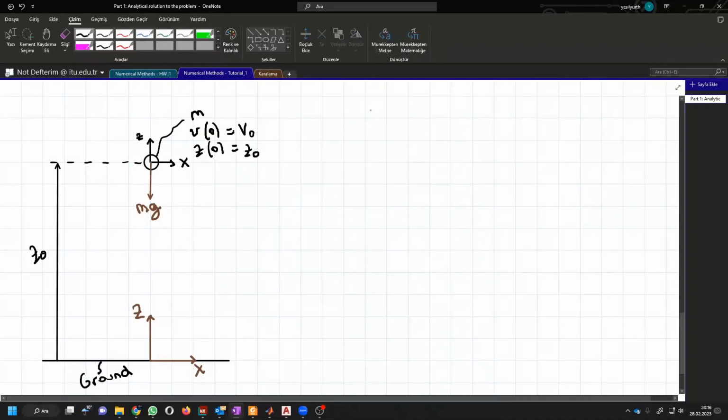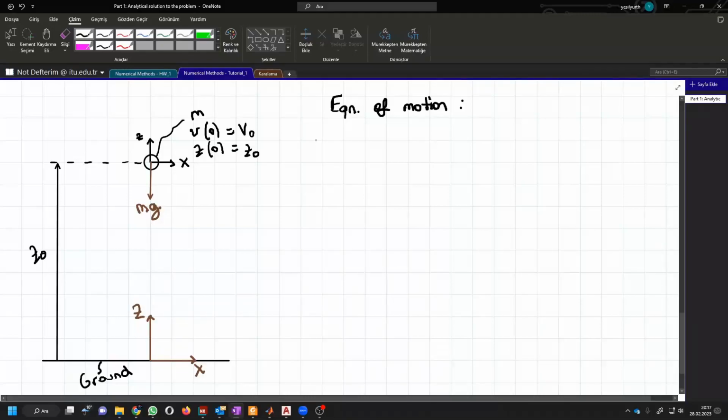So I'm writing down the equation of motion. I have 1 degree of freedom for this problem. The only degree of freedom is on the z-axis. I have already said that.